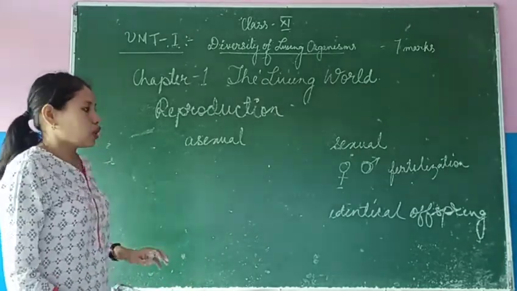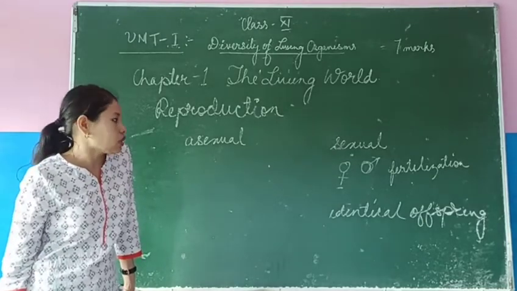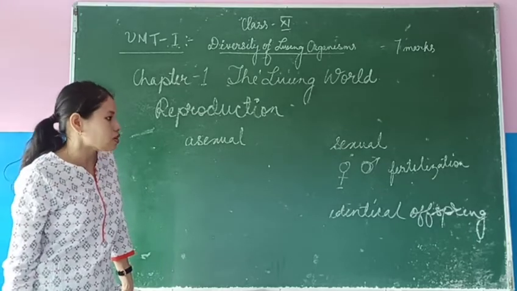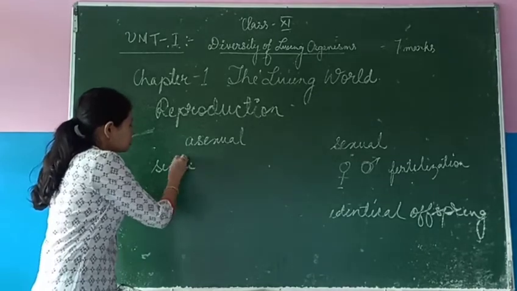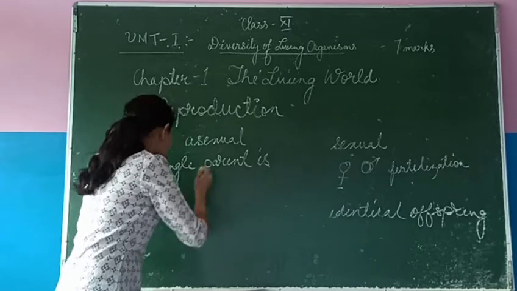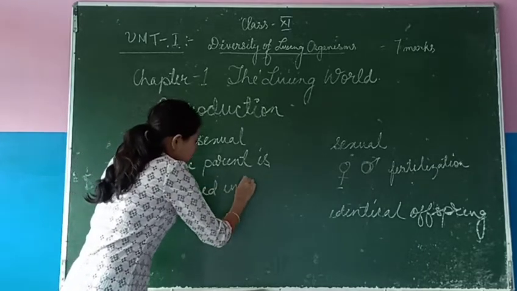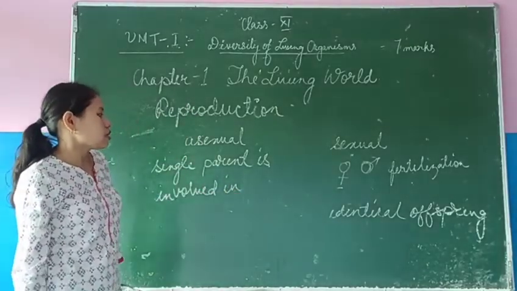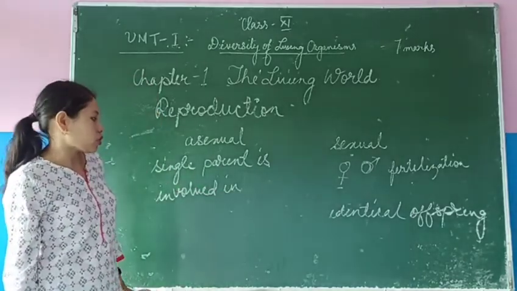Let's come back to the other form of reproduction that is seen in plants and animals. We call it asexual reproduction. In asexual reproduction, only a single parent is involved in the production of new offspring.